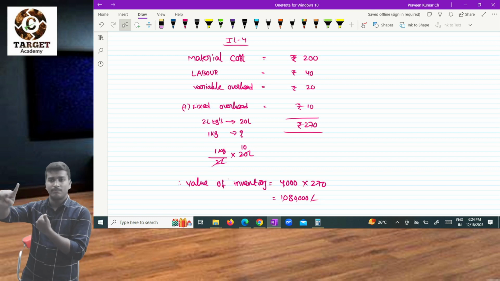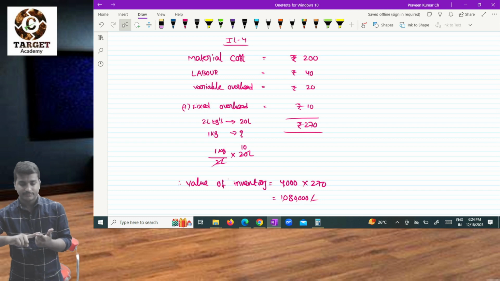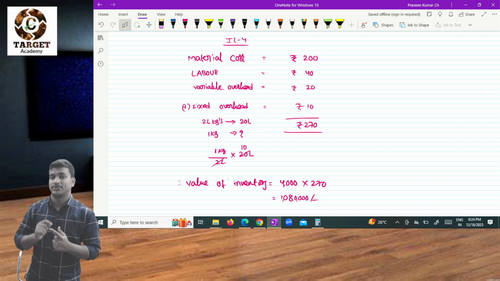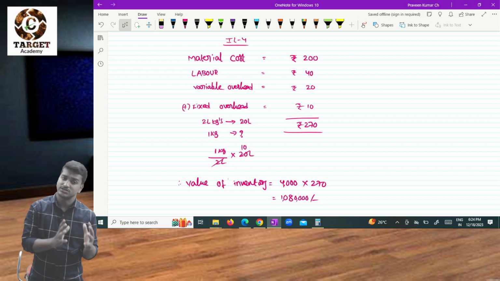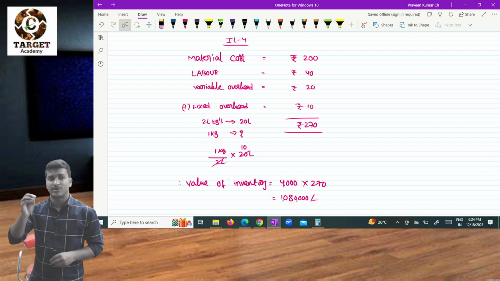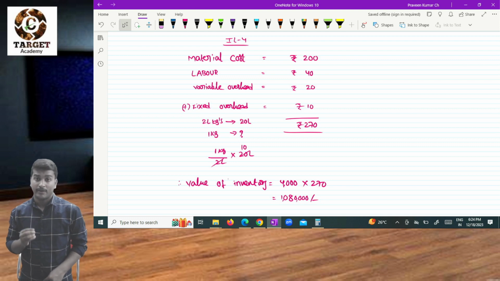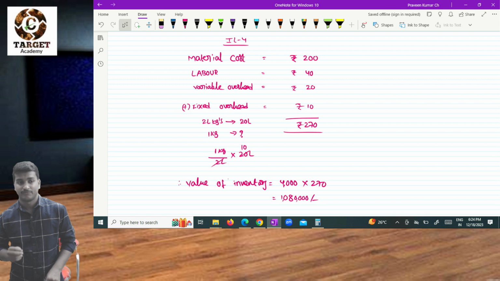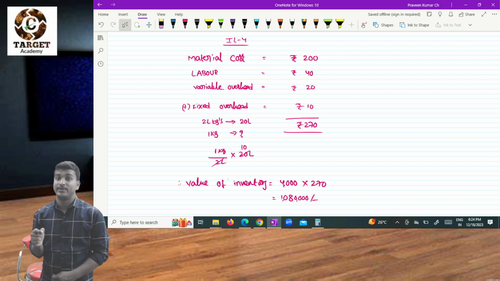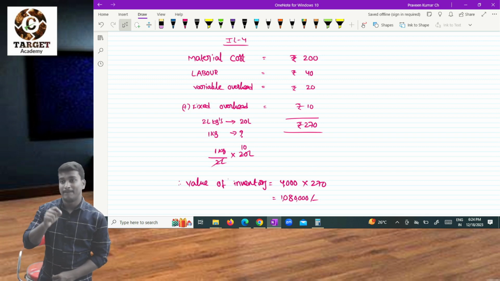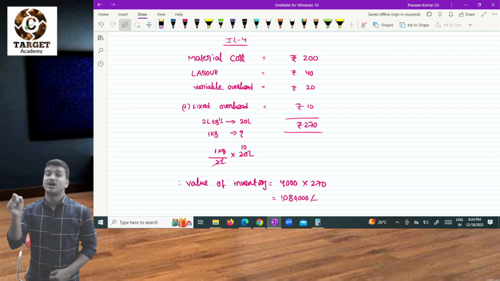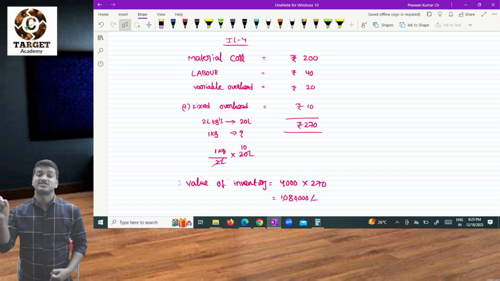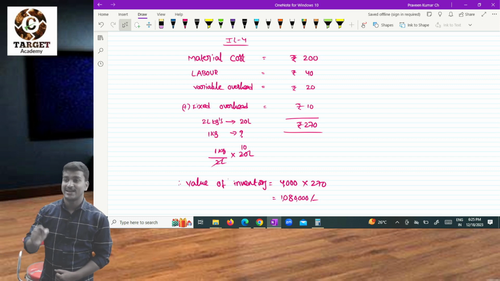So inventory is completed. Second one, value of work in progress. Here also the same, cost or NRV, whichever is lower. But here the NRV formula will be selling price minus expected cost of completion minus expected selling cost. You will get NRV.